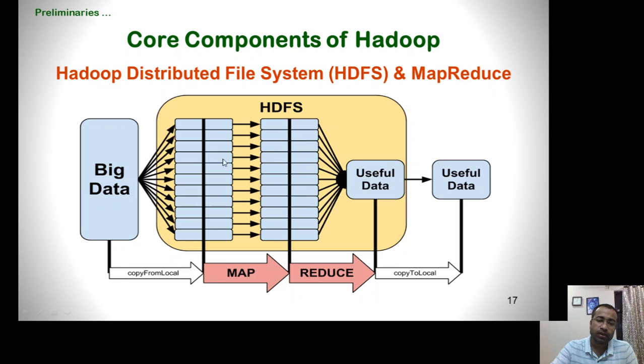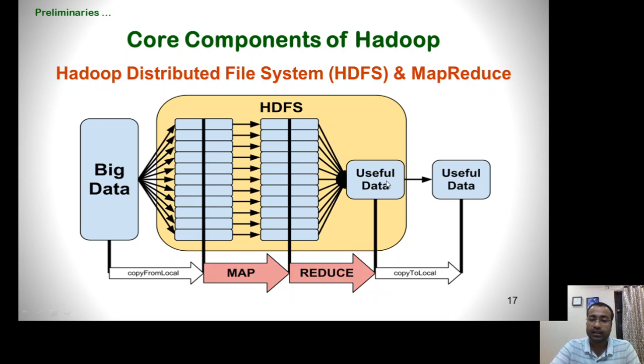So the map operation will be applied on each block. Then the output of the map operation will be sent to the reduce operation. The same reduce operation will be applied to the output of the map operation. And finally, the final result will be stored here.